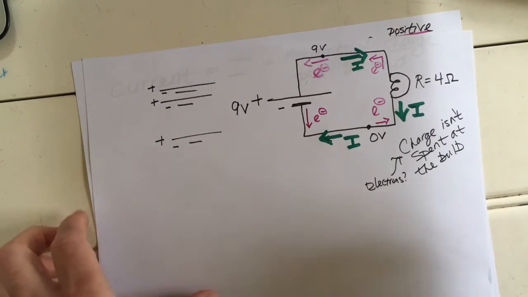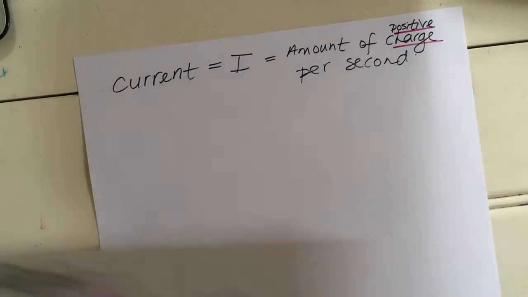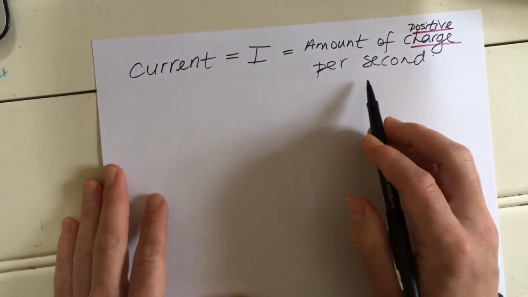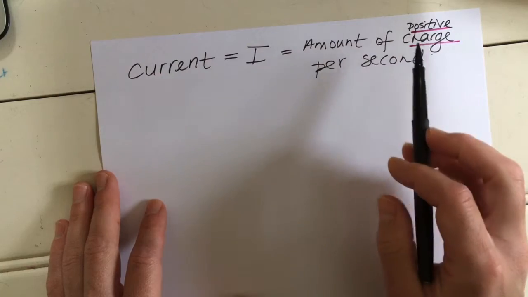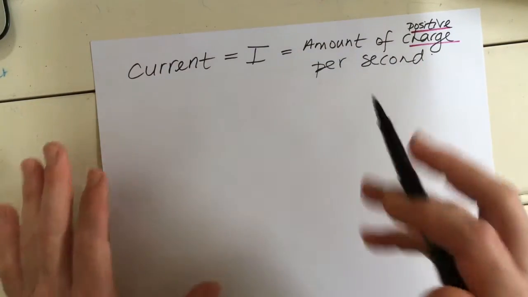Okay. So coming back to what we were writing there: the amount of positive charge that moves through the wire per second.